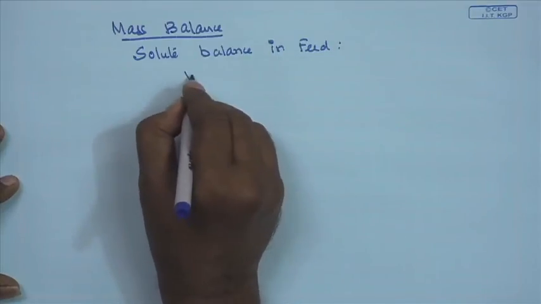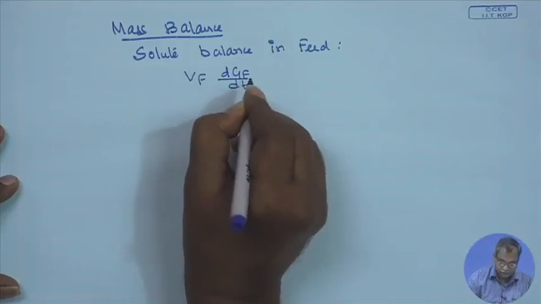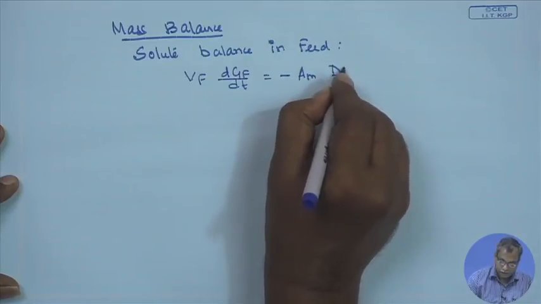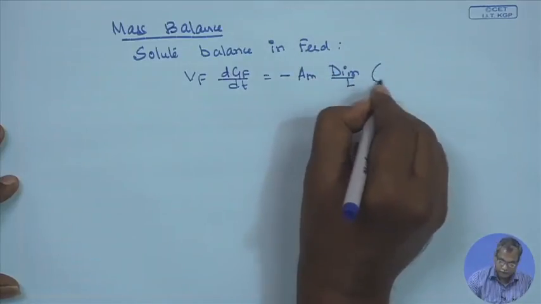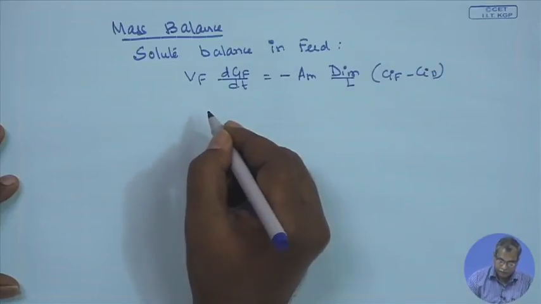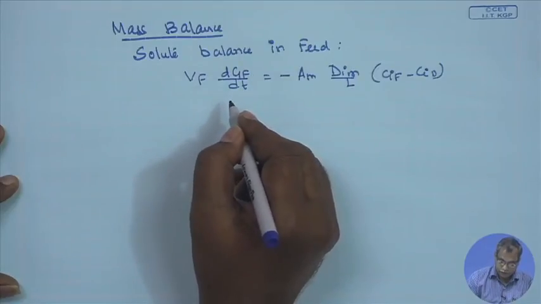So, V f d C1 f dt will be nothing but minus A m D1 m divided by L times (C1 f minus C1 d), and the system is under continuous stirring.